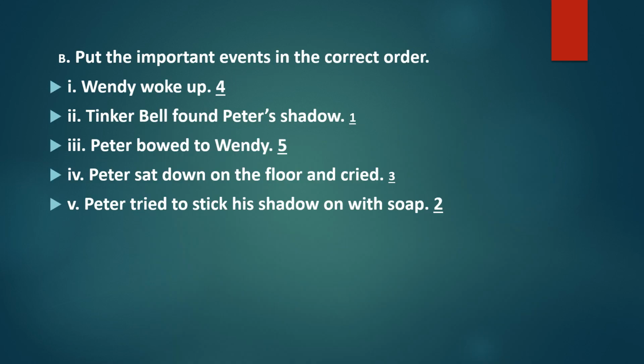So students, let's start our first exercise, which is given on page number 70. Making connections. Quick answers. The plot of a story is made up of a problem, important events and a solution. The plot is like a roller coaster ride.